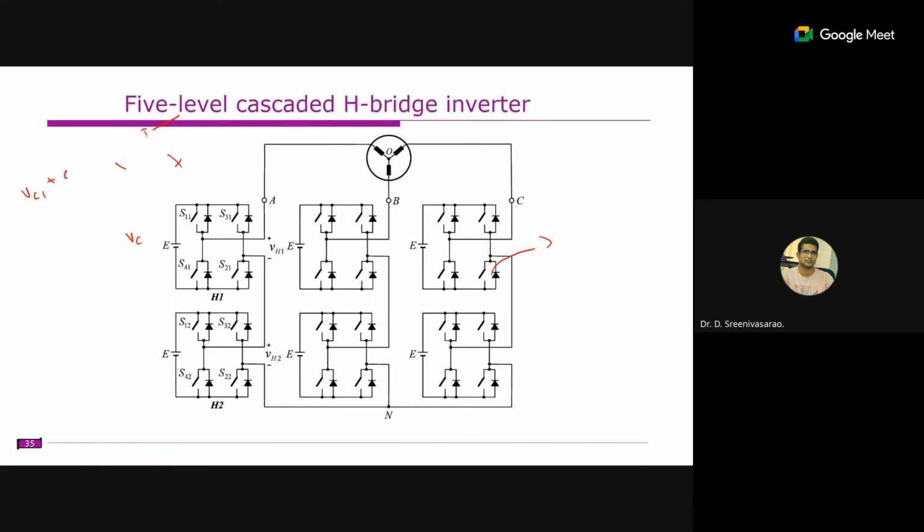Whereas in individual voltage balancing, each capacitor voltage, like VC1, is compared with the reference, and we have one PI controller. Similarly, VC2 is compared with the reference and has its own PI controller, which gives some output.